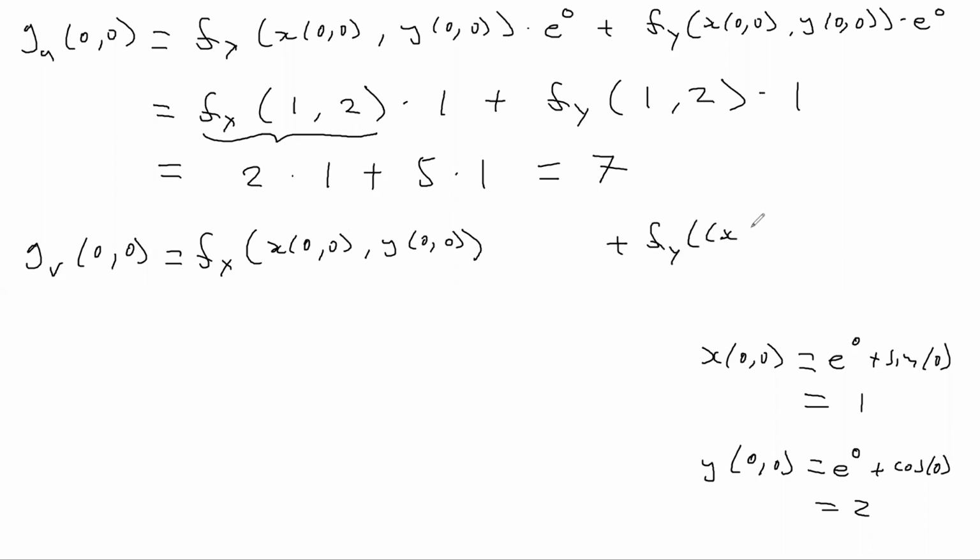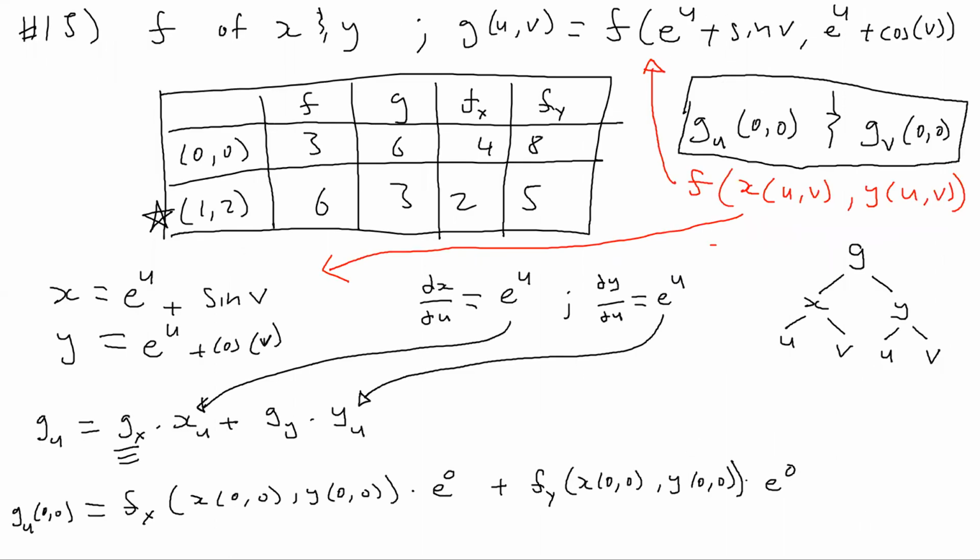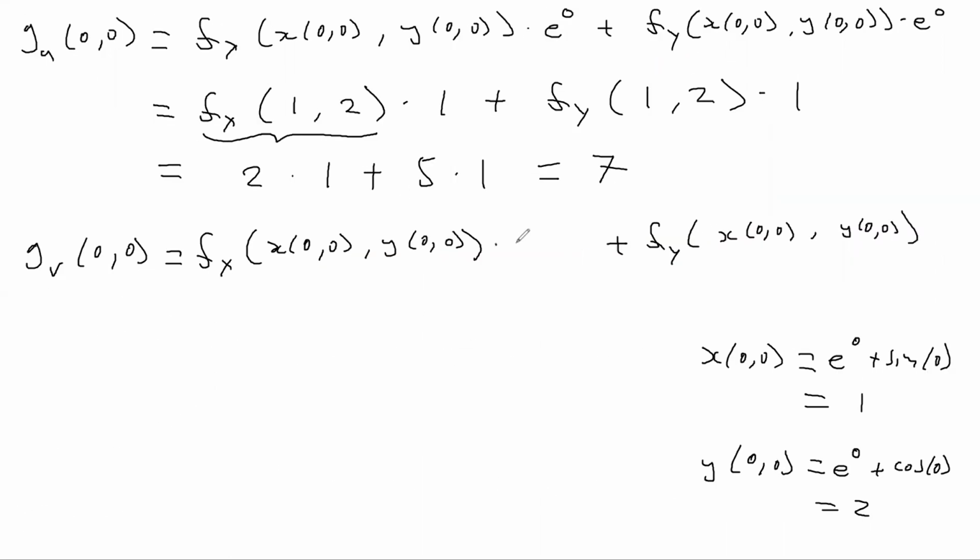The only difference between g sub u and g sub v is that instead of x sub u and y sub u, we're multiplying this by x sub v and multiplying this by y sub v.